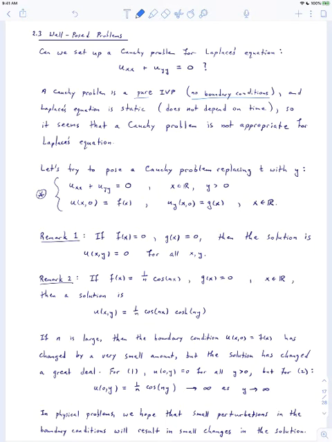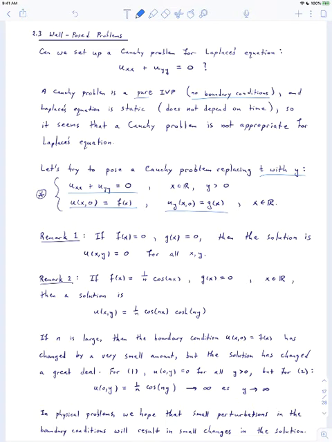Let's try to pose a Cauchy problem by replacing t with y. So we have Laplace's equation and what we're replacing our initial conditions with. Here we're looking at what are essentially initial conditions if you treat y as being our time-like variable, even though it's a spatial variable.